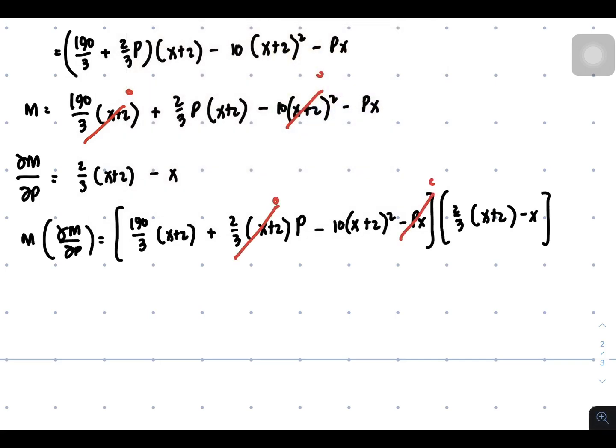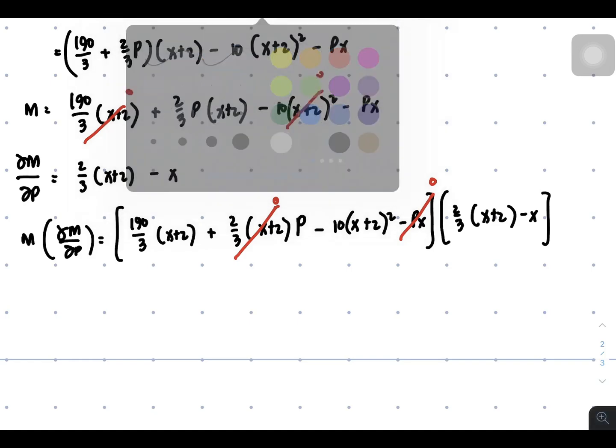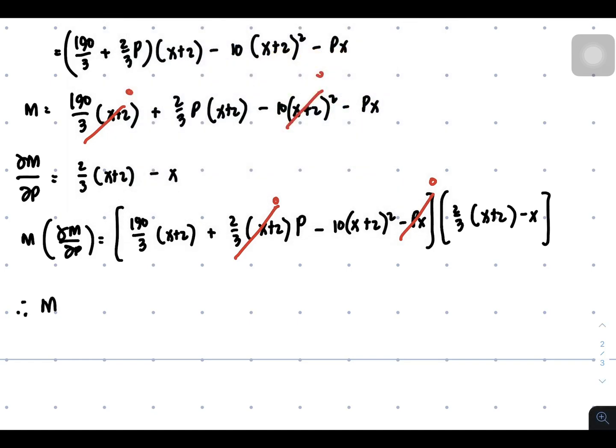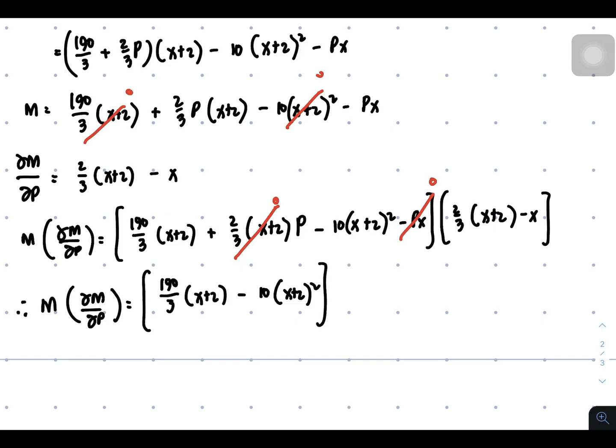So kana siya, and that one. So therefore, the term would now be, for this segment, is 190 over 3 x plus 2 minus 10 x plus 2 square to be multiplied by 2/3 of x plus 2 minus x.